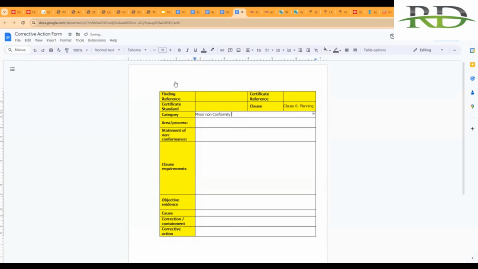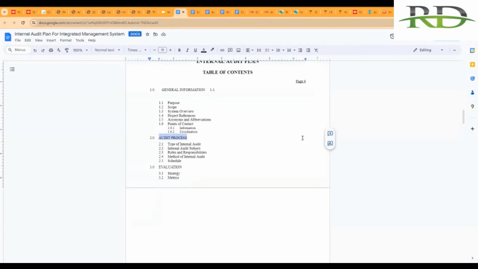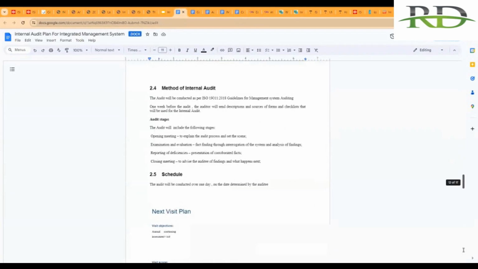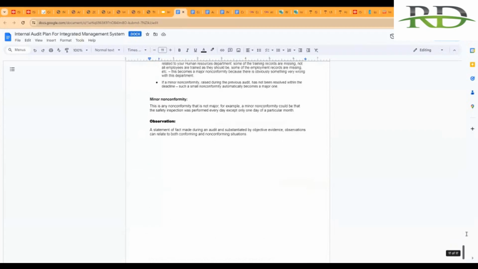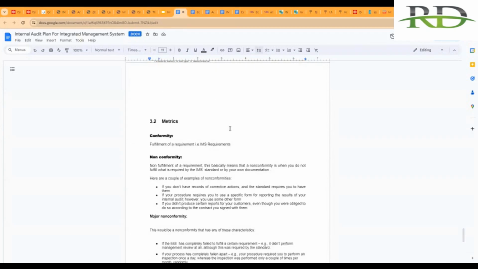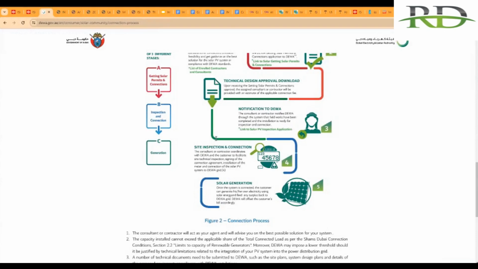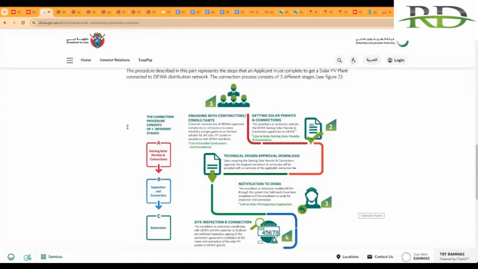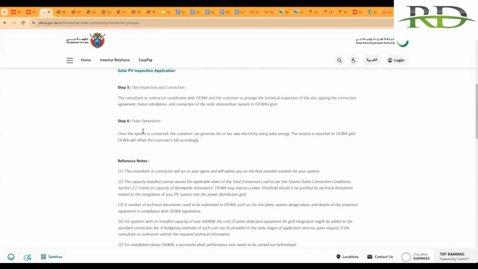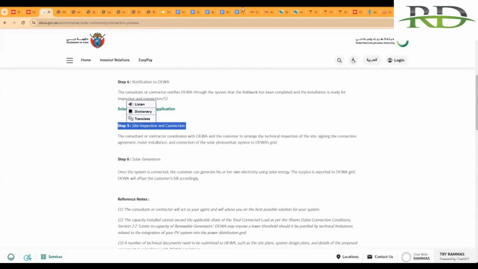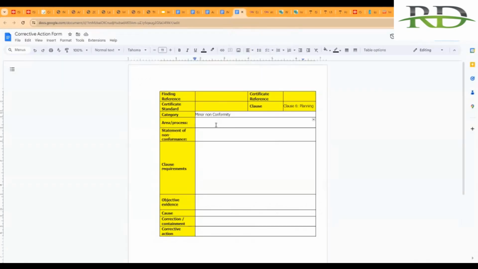And this definition of a minor non-conformity should be consistent with the definition in my audit checklist, okay? And then area or processes. I have to go back to the process, where exactly, and I can say this is in step number 5, during site inspection and connection. Please be specific, okay? And then I'm going to write the statement of non-conformance.